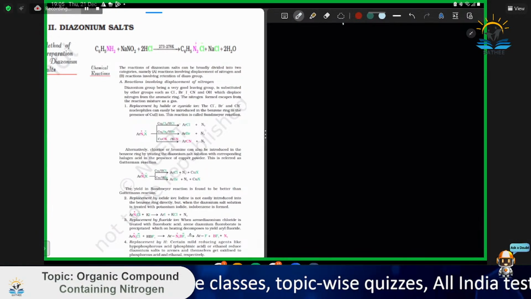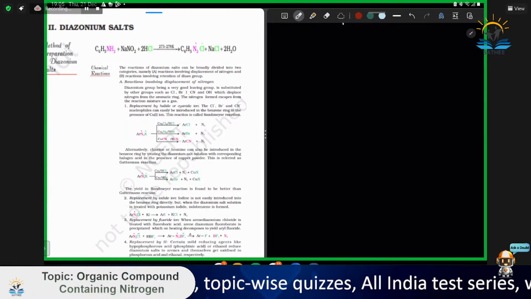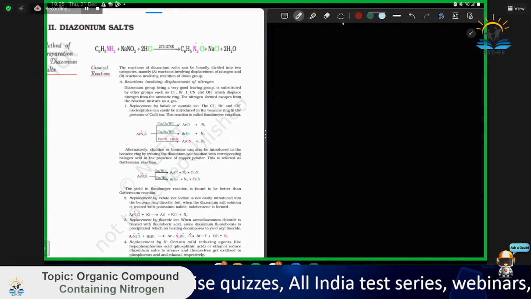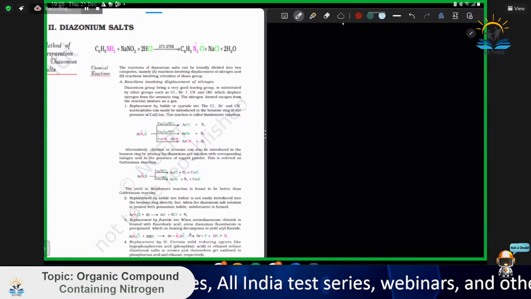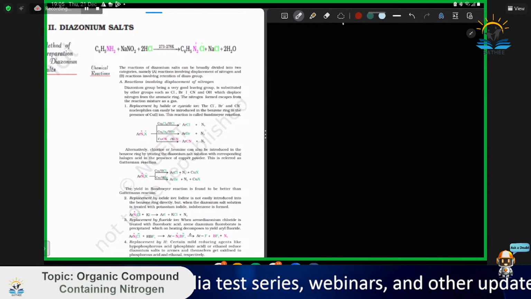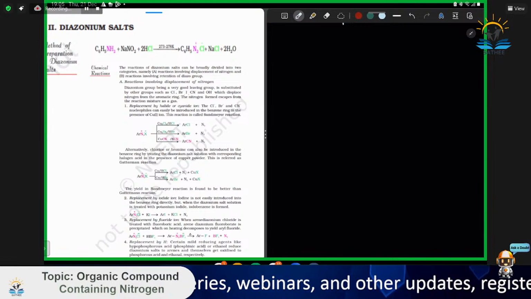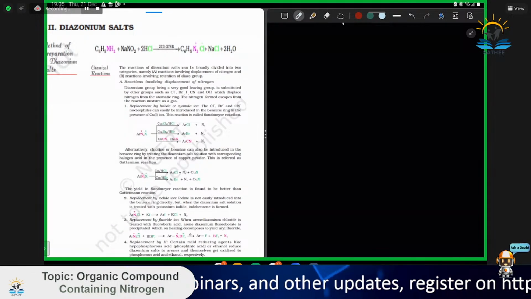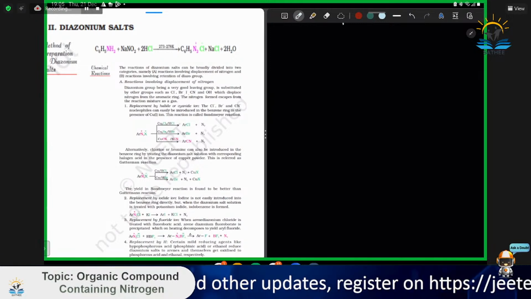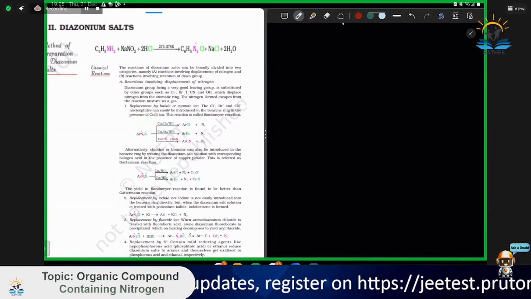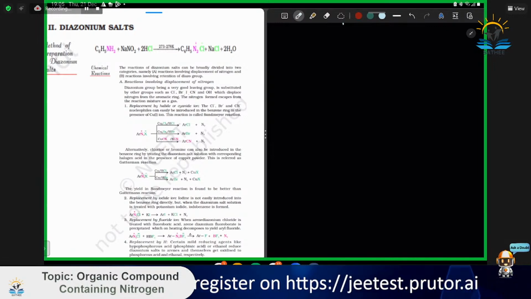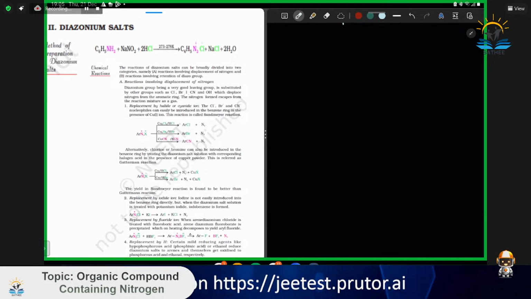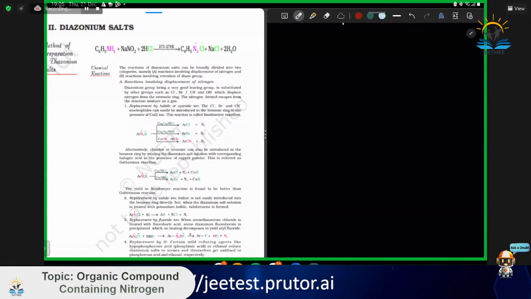Cu2Cl2 is Sandmeyer's reagent, so this is Sandmeyer's reaction. Cu2Cl2 is a weak chlorination in presence of a metal catalyst. Next, Gattermann reaction: copper in presence of HCl. This is a stronger chlorination, because Cu is a stronger catalyst than Cu2Cl2. So this reaction is Gattermann reaction.